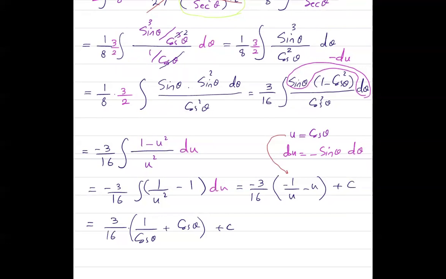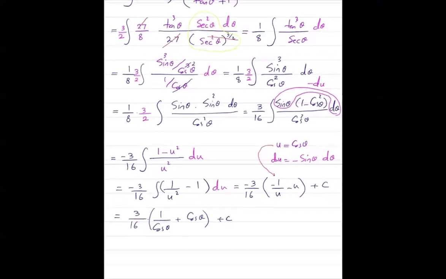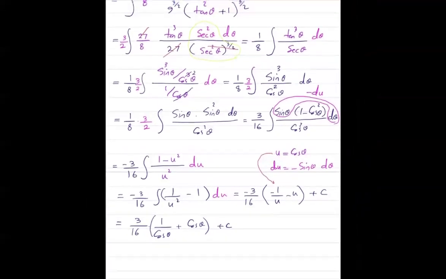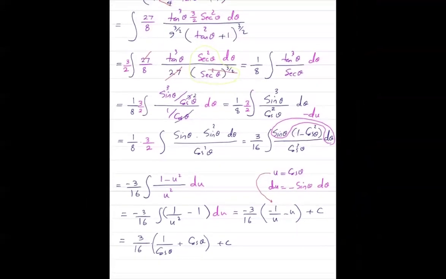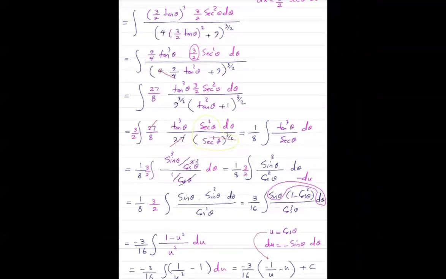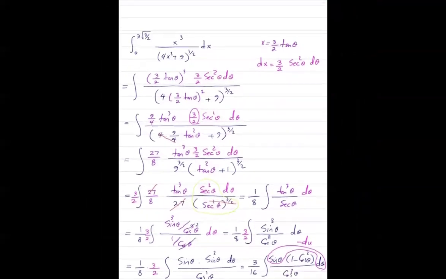Perfect. So now let us go back to what we did at the beginning. If I go back up here, let's take a look. We had the boundaries for our x, all right?